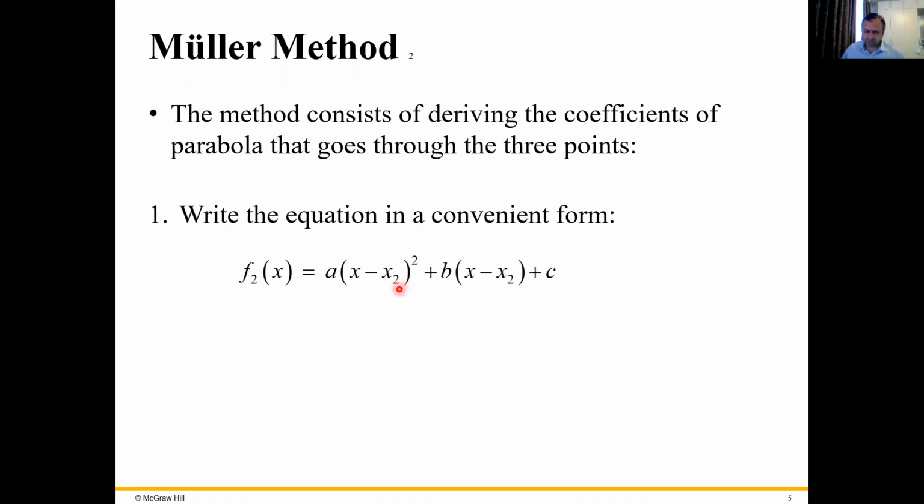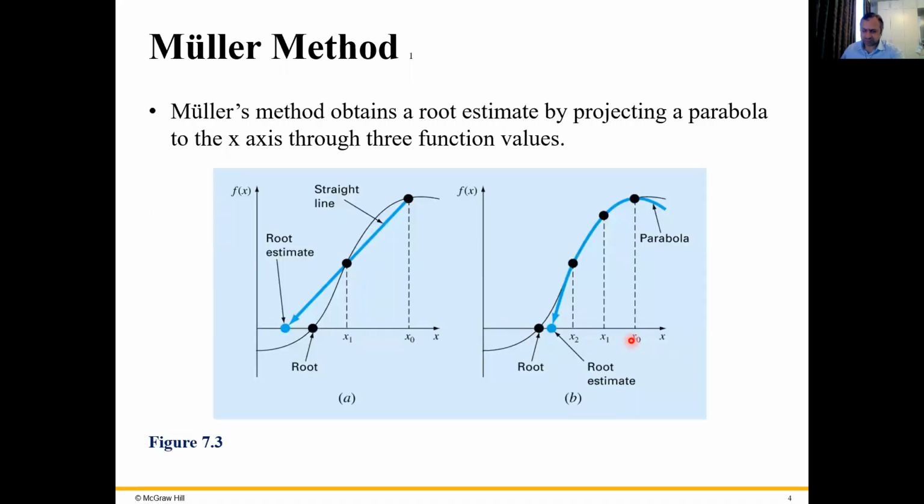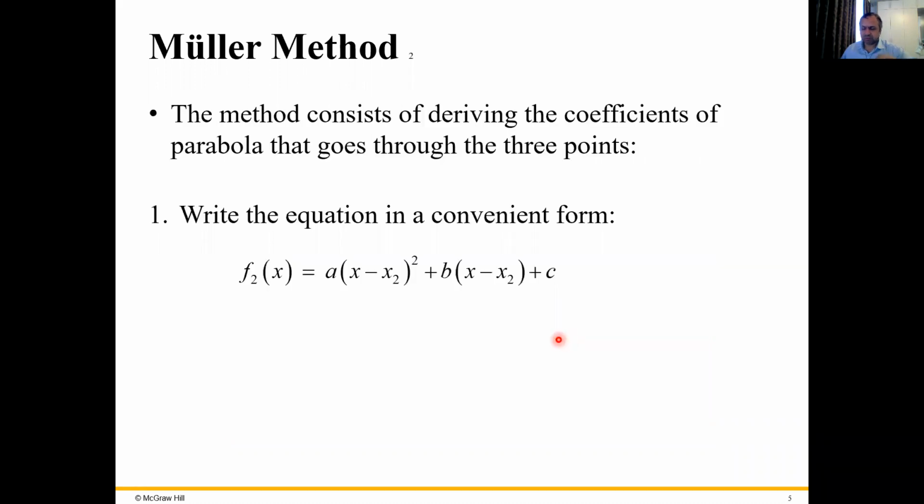And why x minus x2? Why not x minus x1 or x minus x0, as in this case, for example, x0, x1, x2? We choose x2 in this case because we want our next point, which we want to find, which is x3, to be as close as possible to x2.